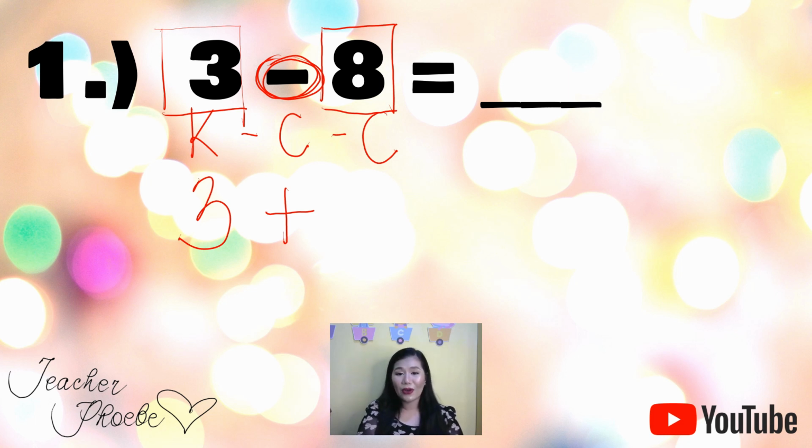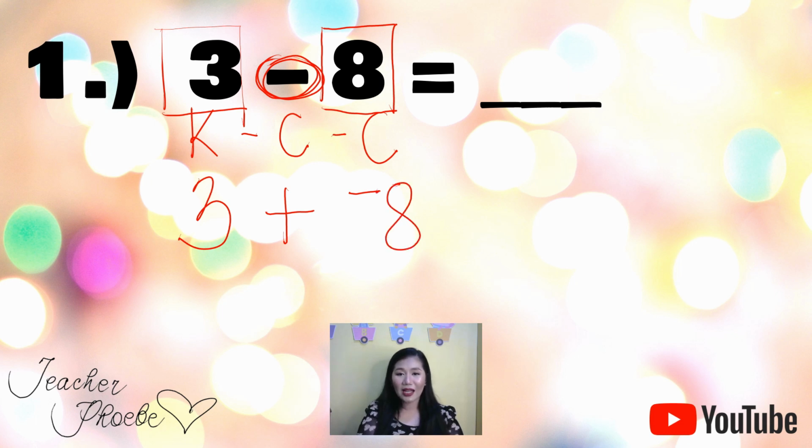Nakikita nyo, yung 8 nakakulong sa box. Yung 8 na yan, it's positive. So, ang gagawin natin, babaguhin natin siya. Since positive siya, we're going to make it negative 8. Okay? So, ayan na.